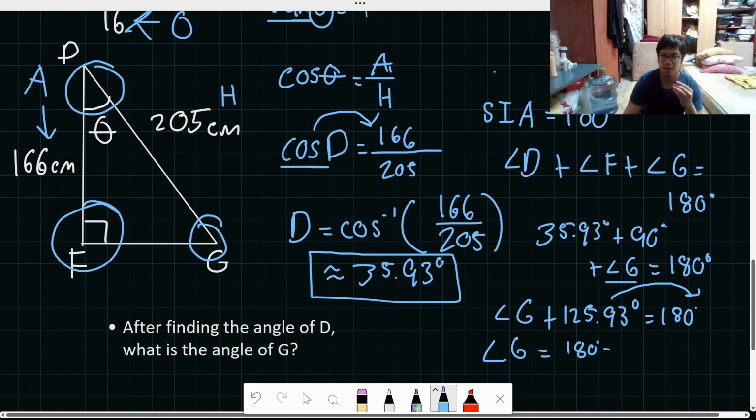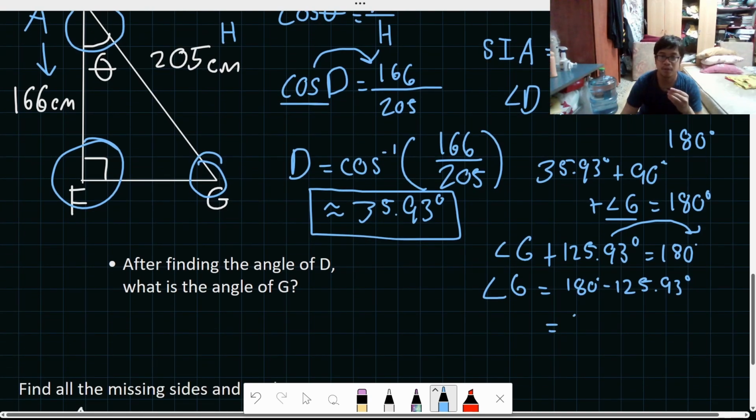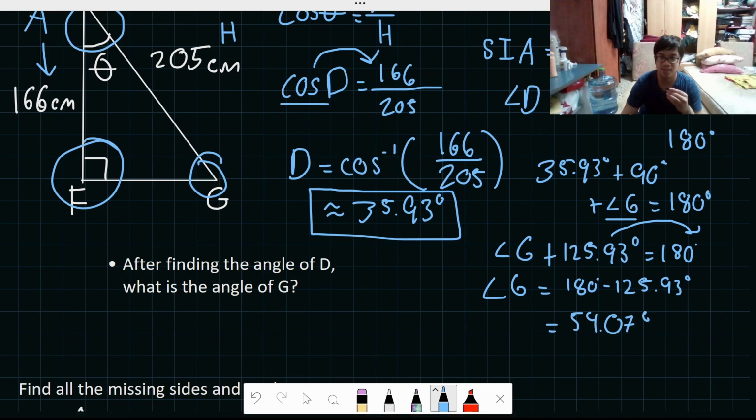So 180 minus 125.93 degrees, we have exactly 54.07 degrees. And that's the answer for your angle G.